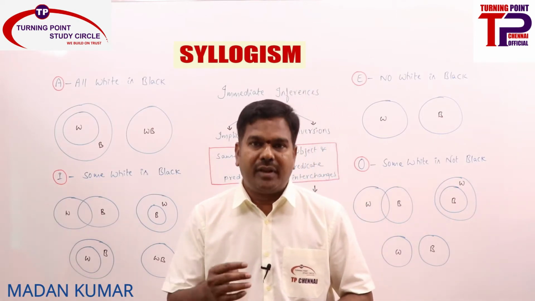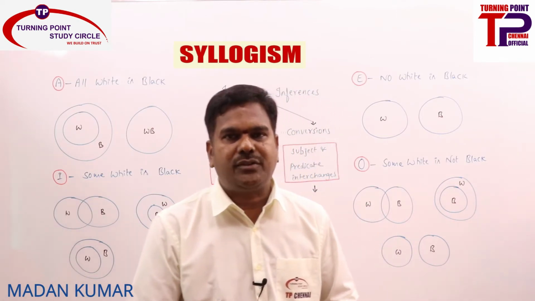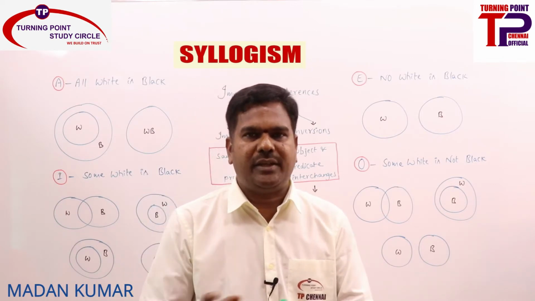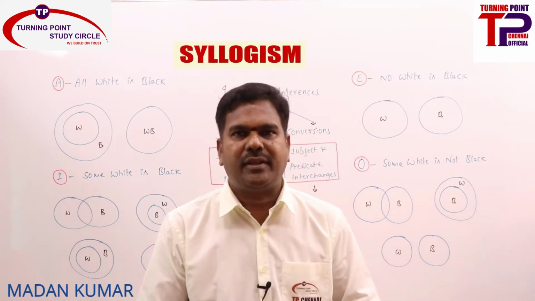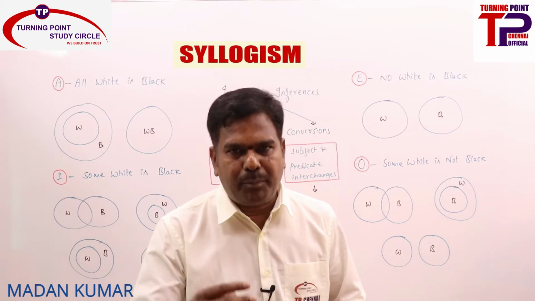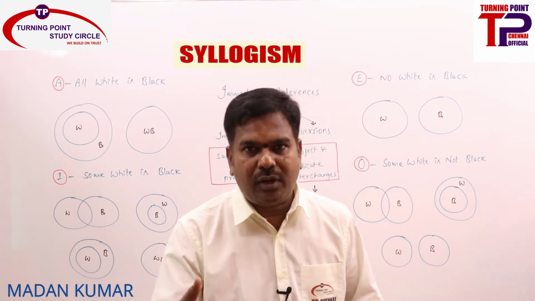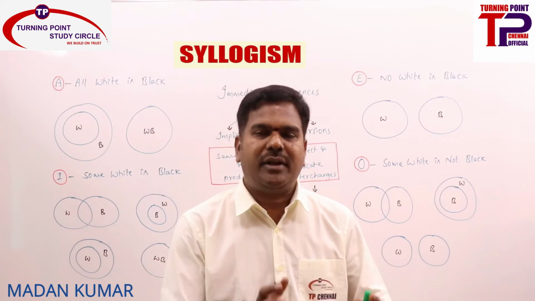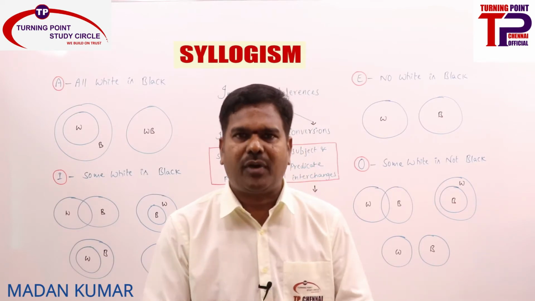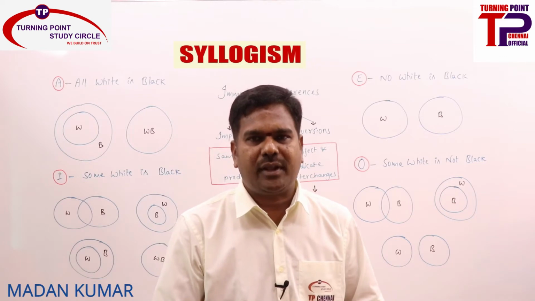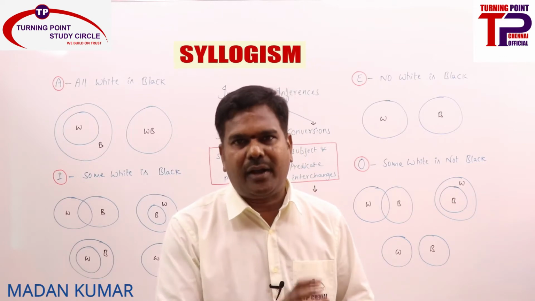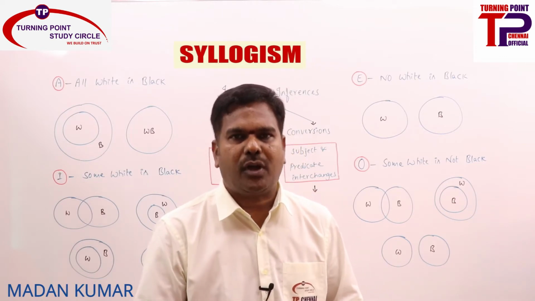Then whenever we need to solve the problems in syllogism, there are two variations, two methods in which we can solve it. One is the Venn diagram method, that is the base method, and another one is the analytical method. From the Venn diagram method only this analytical method is derived. It is nothing but a formula method. Once you learn the rules and regulations, in the analytical method it will be easy for you to solve the problems.